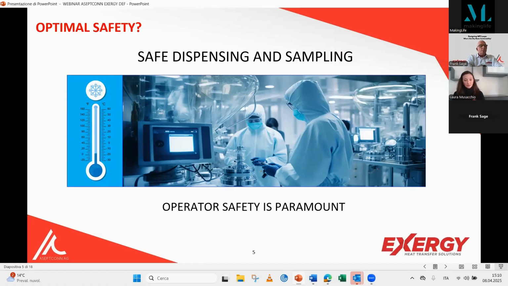Taking samples or dispensing for process application from a thermal WFI loop at 85-degree media can place staff at risk of serious injury because of the high temperature of the water for injection. So a proven way to safely dispense or sample WFI from a thermal WFI loop is to cool it down to approximately 21 degrees.